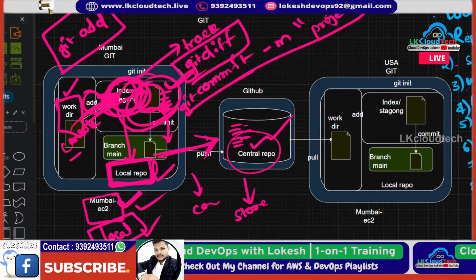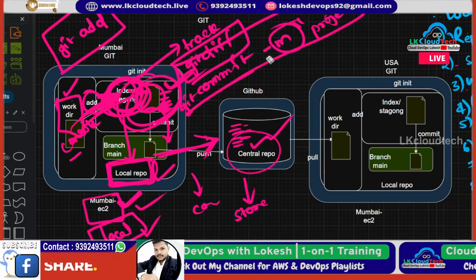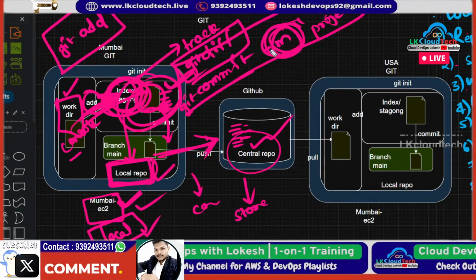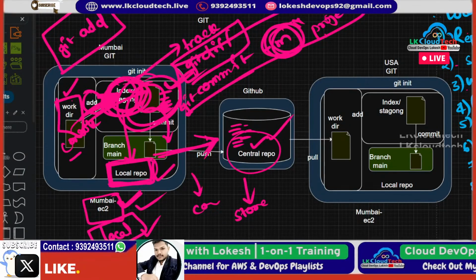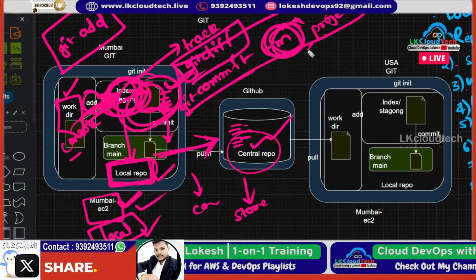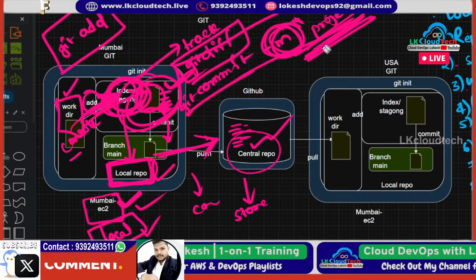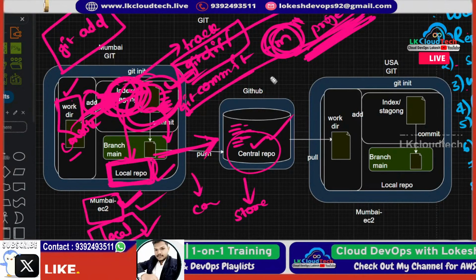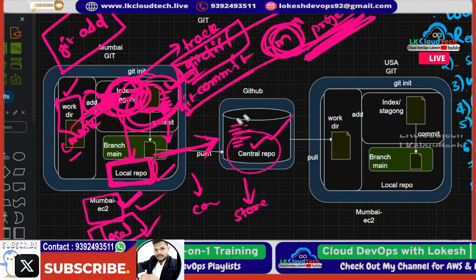M means message, any meaningful message. Git commit hyphen m, some project name or description of why you are sending this file. You can keep whatever meaningful message, so that when you see it, you can understand that this is the reason I sent this file.